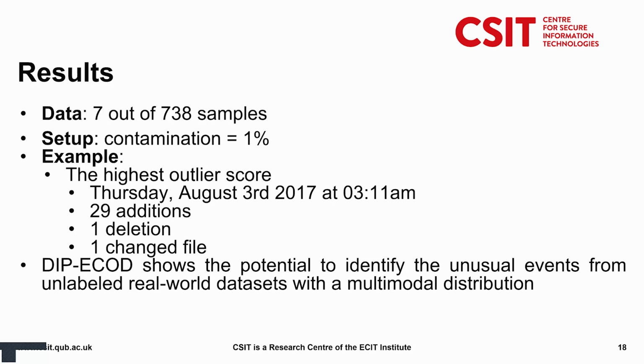So what can we tell from the result? We can tell deep ECOD shows the potential to identify unusual commits from unlabeled real-world data, especially when the data set has a unimodal distribution.